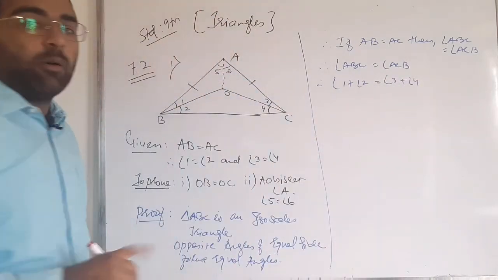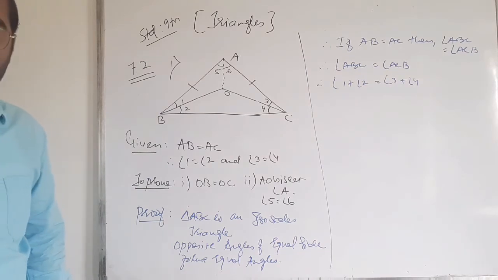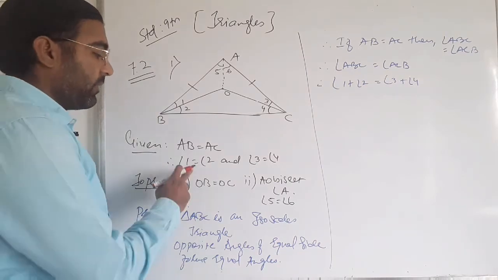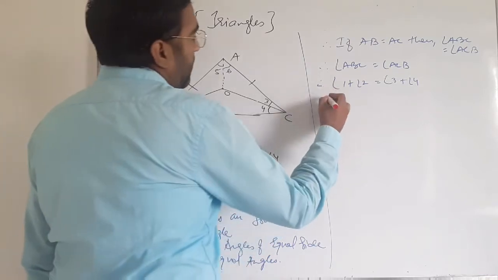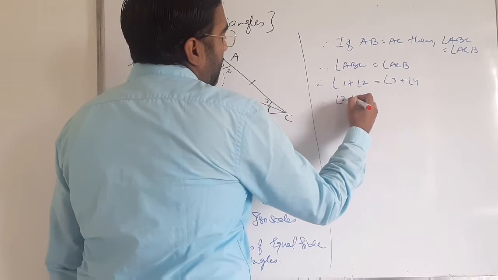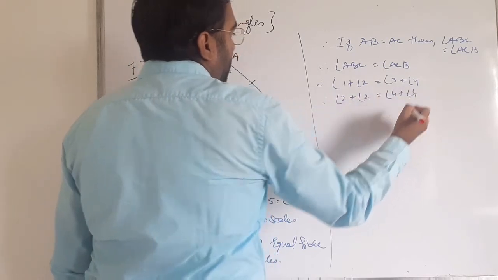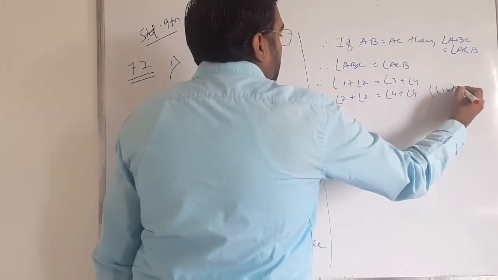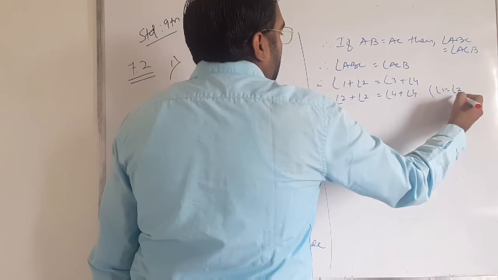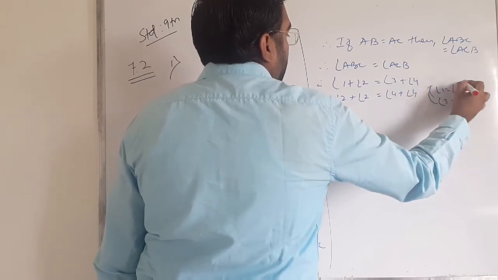Now in this situation we know that angle 1 and angle 2 are equal, and angle 3 and angle 4 are equal. So I'll write angle 2 plus angle 2 is equal to angle 4 plus angle 4. I replace angle 1 with angle 2 and angle 3 with angle 4.